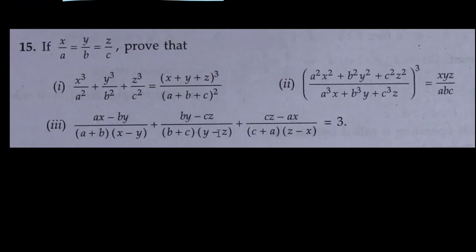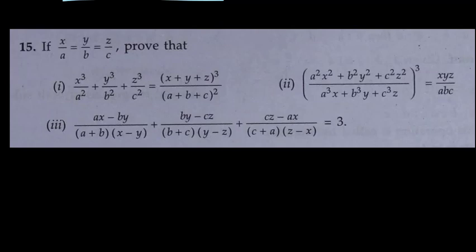Now this 15th problem is, if x upon a equal to y upon b equal to z upon c, we have to prove that x cube upon a square plus y cube upon b square plus z cube upon c square equals (x plus y plus z) the whole cube upon (a plus b plus c) the whole square. Again, assume x upon a equal to y upon b equal to z upon c equal to k. Then x will become ak, y will become bk, and z will become ck.